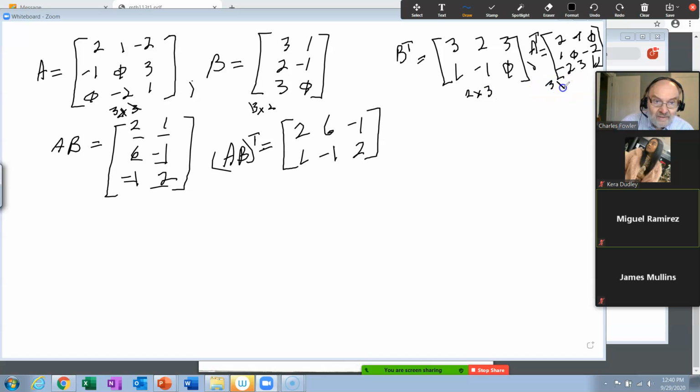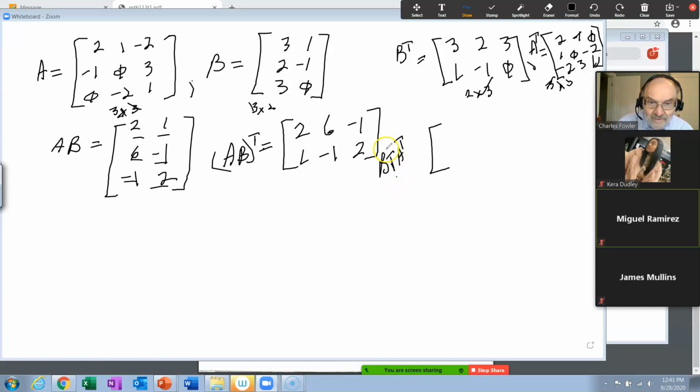This is a 3 by 3. The inner two numbers are the same, meaning our result should be a 2 by 3. And at last the size is right for B transpose A transpose.